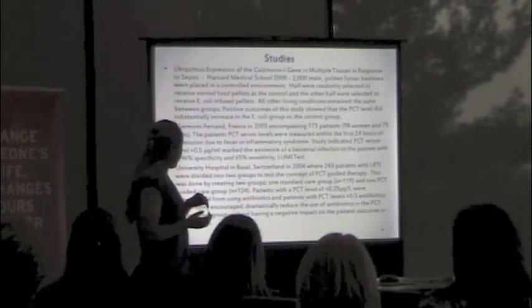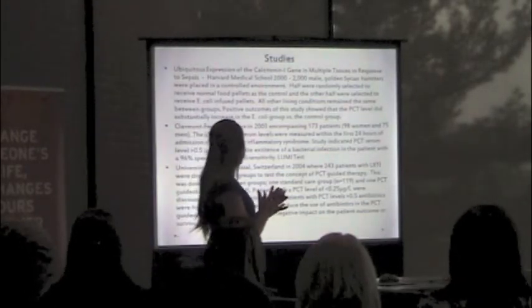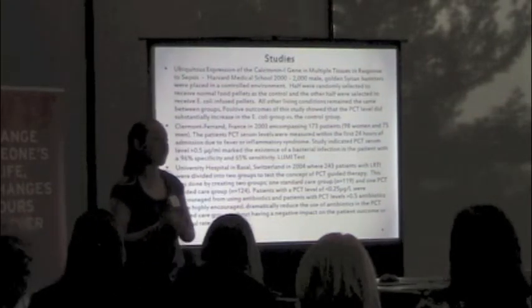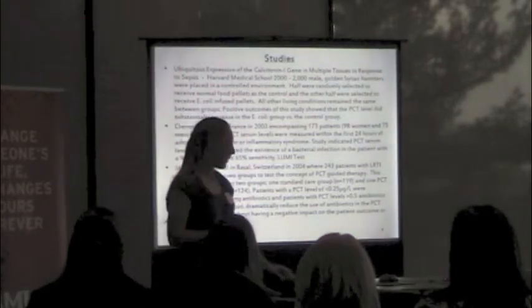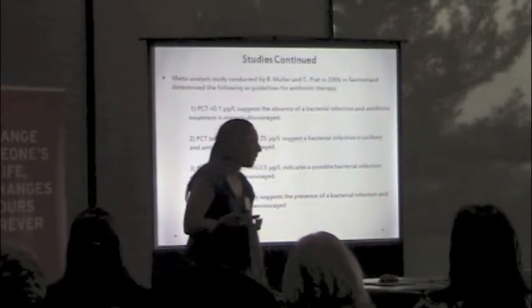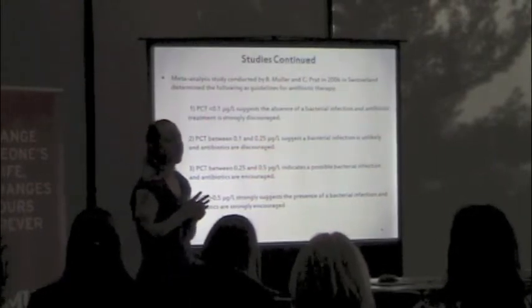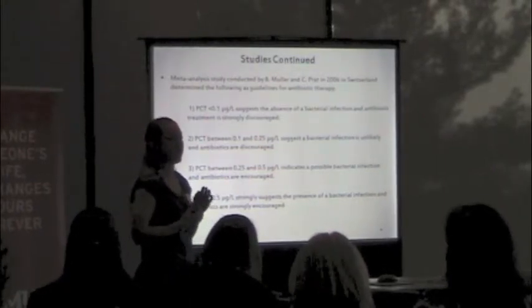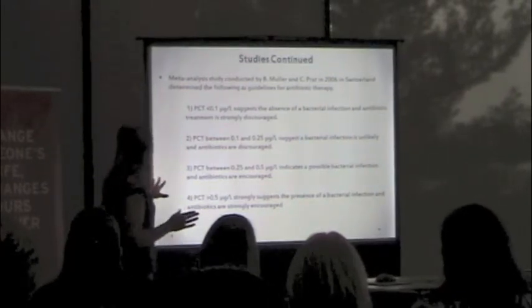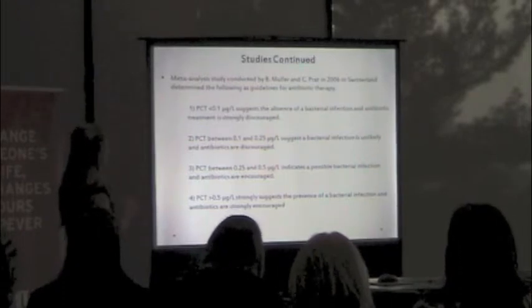So the procalcitonin guidelines patients did have a significant reduction in the number of antibiotics that were used, as well as the cost of the antibiotics, but they did not have any significant increases in morbidity or additional diseases. So these were actually the guidelines that were used by this study and the other study.